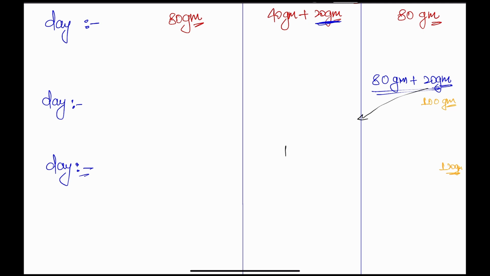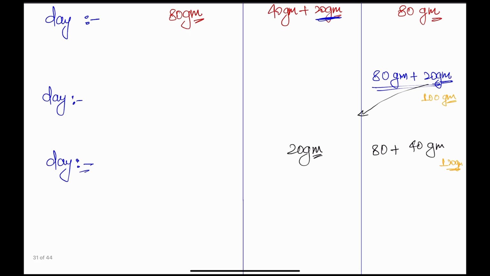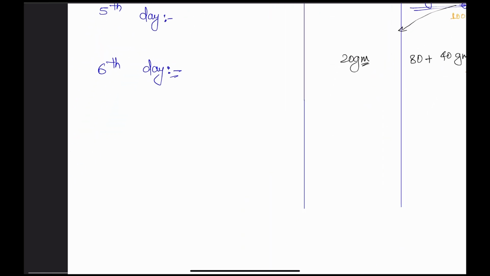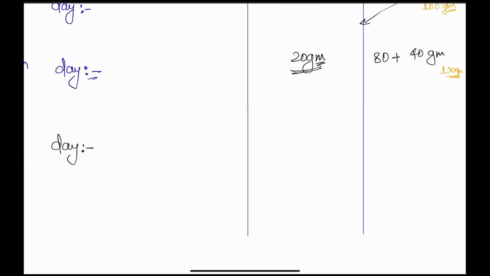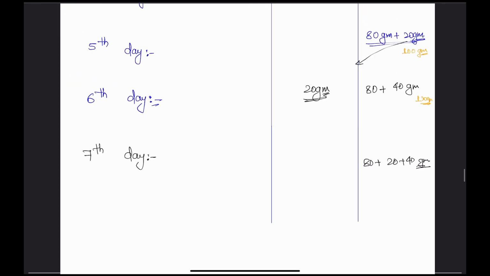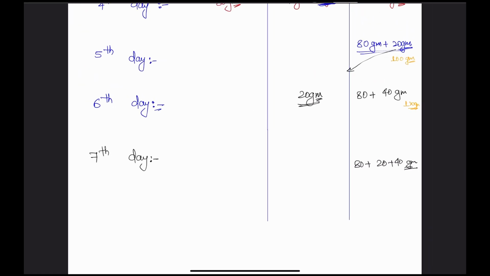So Birbal has 20 gram in his hand, and he will say, now I am going to give you 40 gram. So 80 plus 40 is again 120. On the 7th day, I don't need to bother about anything. Birbal will give that 20 gram which he received earlier to the carpenter. So the transaction is completed and everyone is happy.